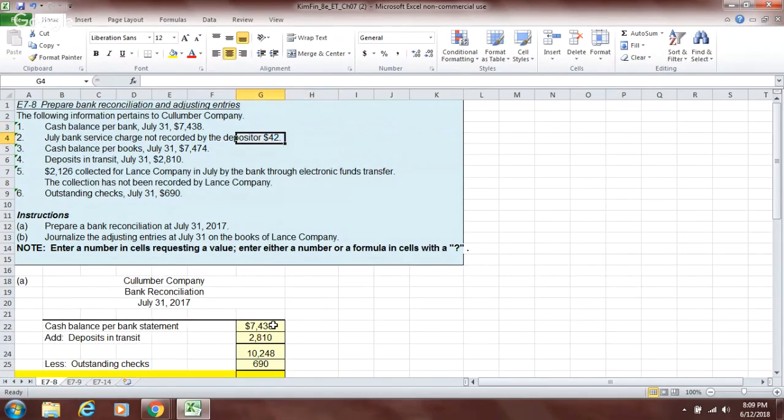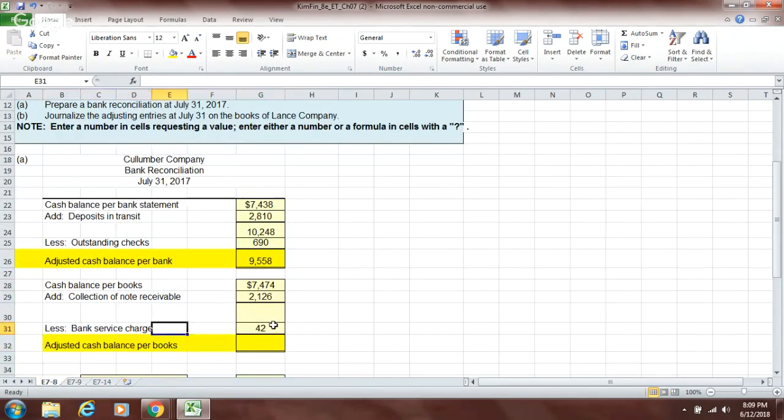Going through number 3, we already used this one. The deposits in transit, we already had them on. Number 5 too, and the outstanding checks. So we have already written them all.